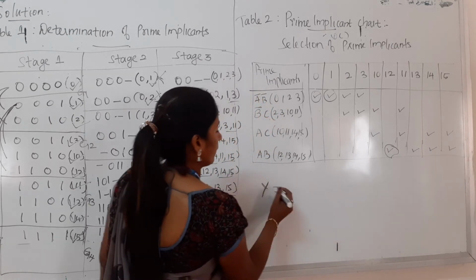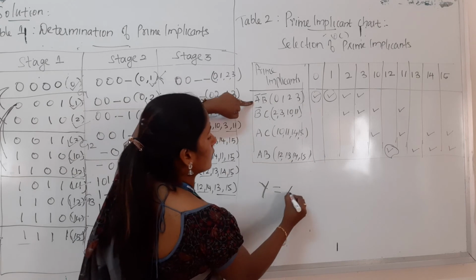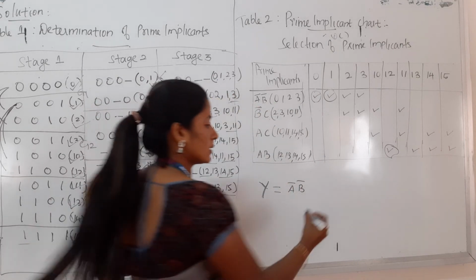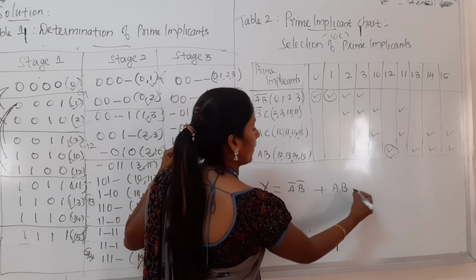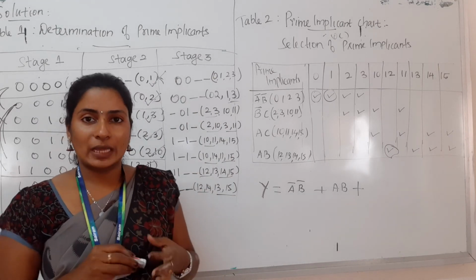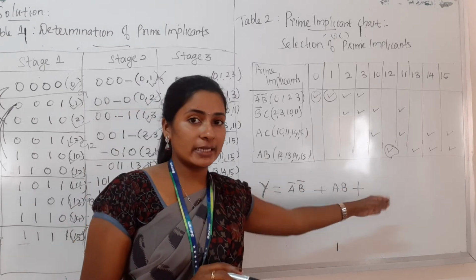Okay, so my result is A bar, B bar plus next A, B, AB. Still one more term is there. We have to find which term can be written in the result.